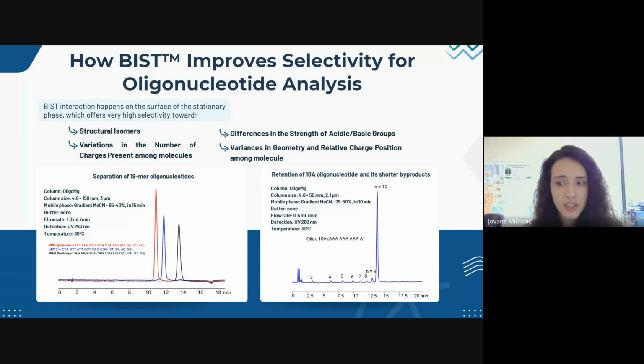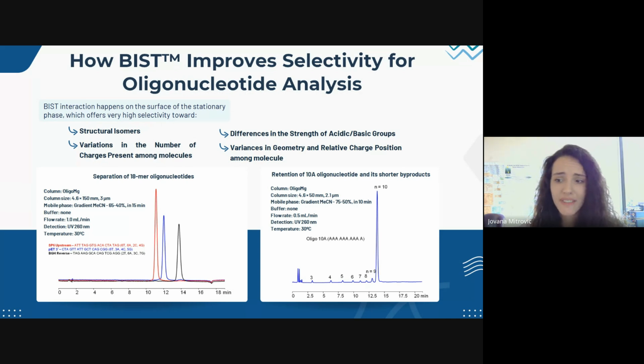Even though they're structurally very similar, using the OligoMG column, we are able to resolve them using a very straightforward gradient from 65 to 40% acetonitrile. And this shows that the retention is very sensitive, not just to size and charge, but also to sequence-specific differences, such as variations in base strength and distribution of charge along the chain.